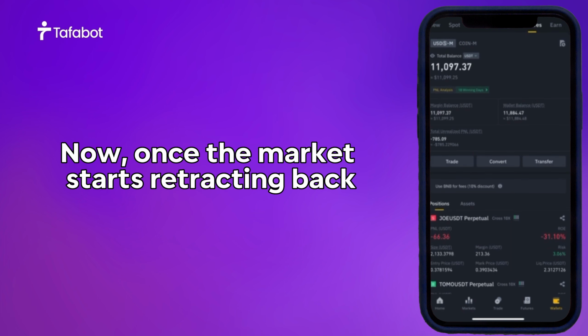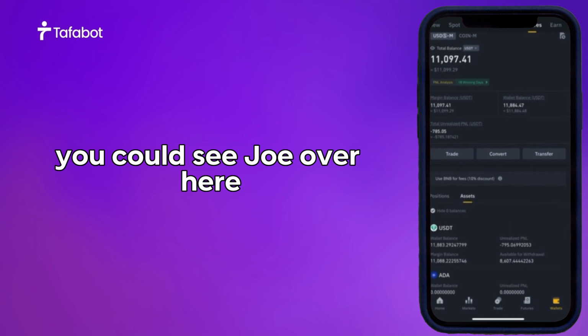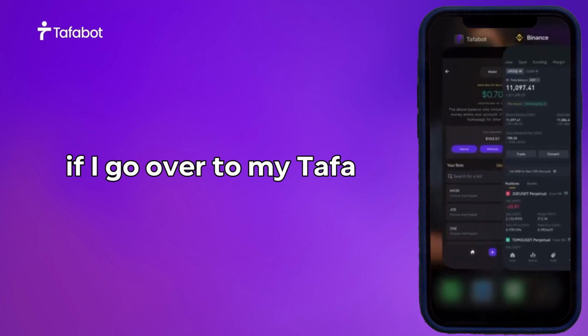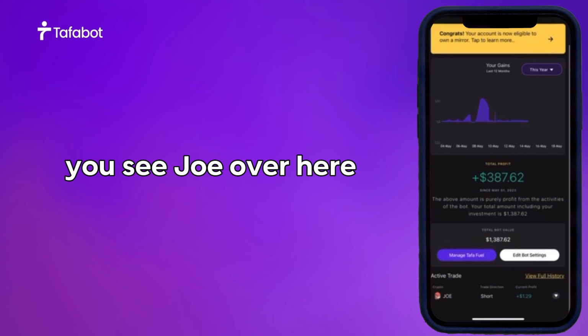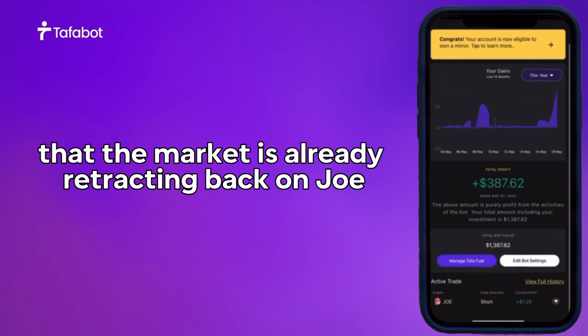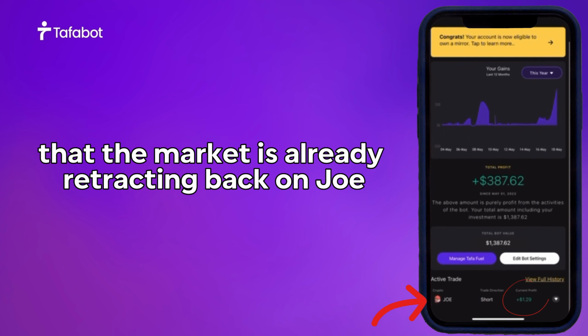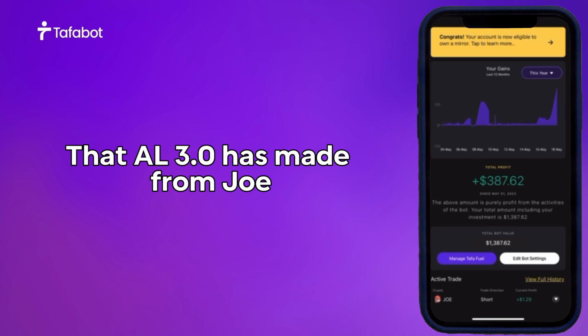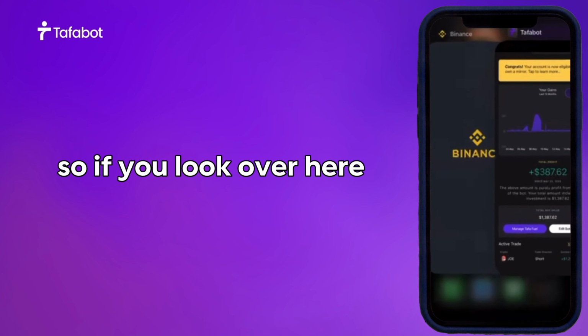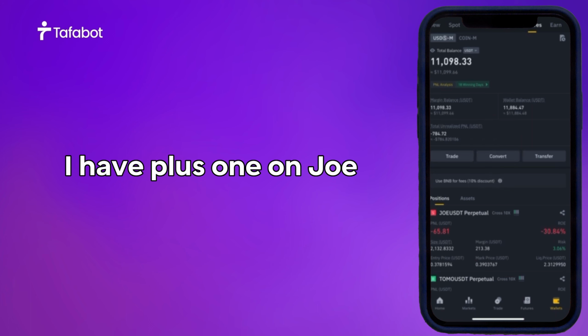Once the market starts retracting back, you can see Joe over here. If I go over to my Tafa, you see Joe over here that the market is already retracting back on Joe, which is why it's now showing plus because of a lot of the profit that AL 3.0 has made from Joe. So if you look over here, I have +1 on Joe.